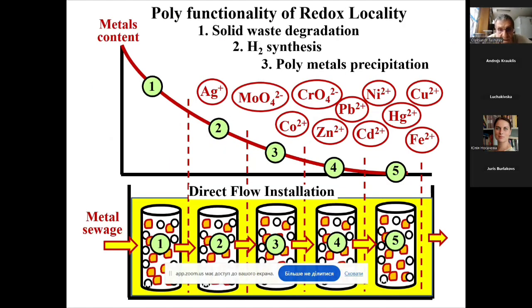So you can see the graphical illustration that in direct flow installation from the beginning, from the first section to the end section, one can see irreversible precipitation of a wide range of metals.